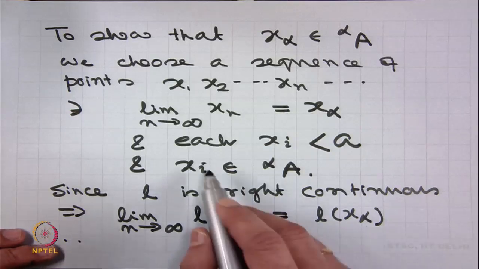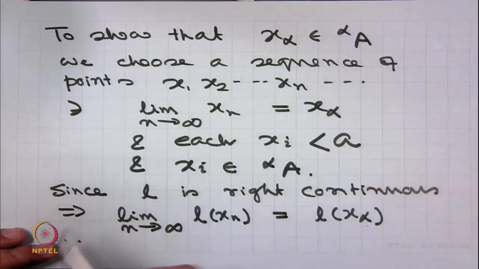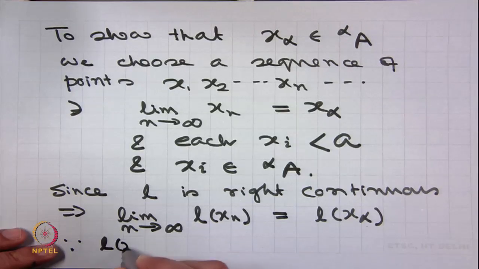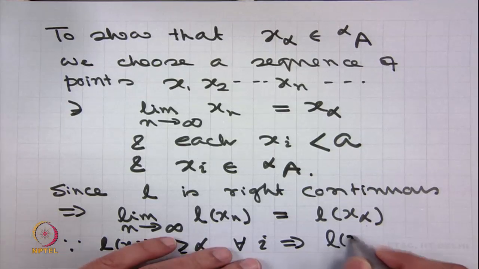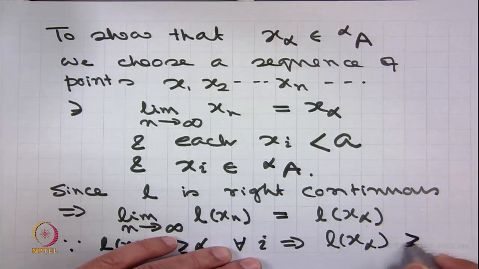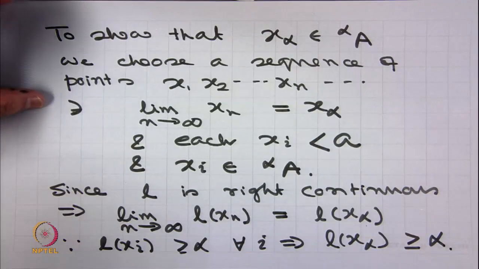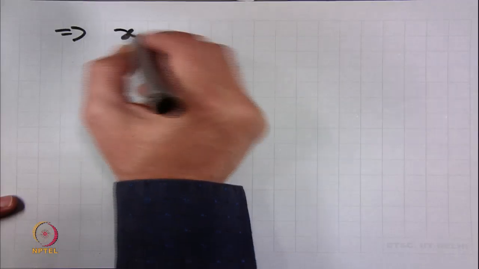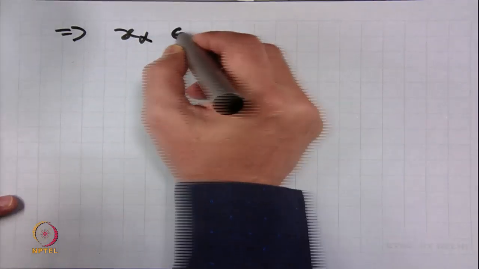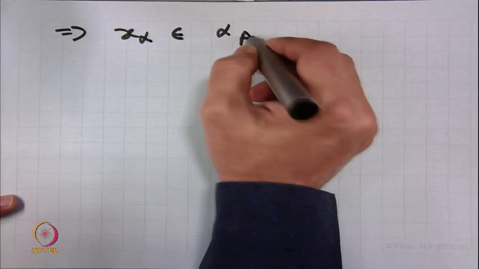Since each xi belongs to alpha cut, L of xi is greater than or equal to alpha for all i, implies L at x alpha is also greater than or equal to alpha. This implies that x alpha belongs to alpha cut of A.